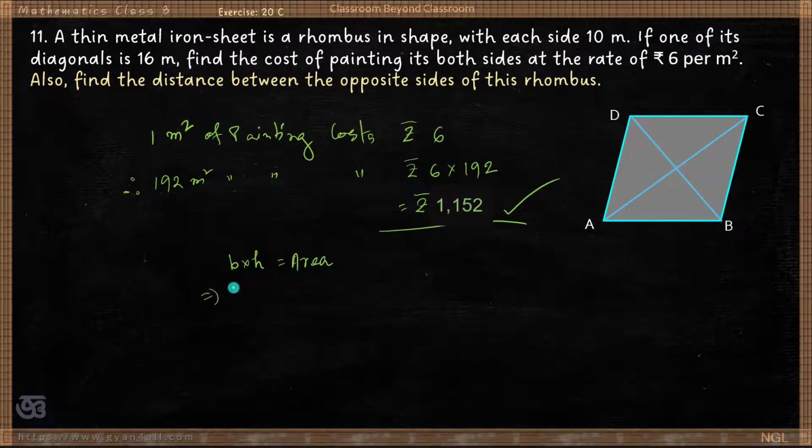So here B is equal to 10 meter multiplied by H, the distance we have to find out, and area we got, that is equal to 96 meter square. So from this, H, altitude or distance between the opposite sides of the rhombus, is equal to 96 divided by 10, meter square divided by meter, is equal to 9.6 meter.